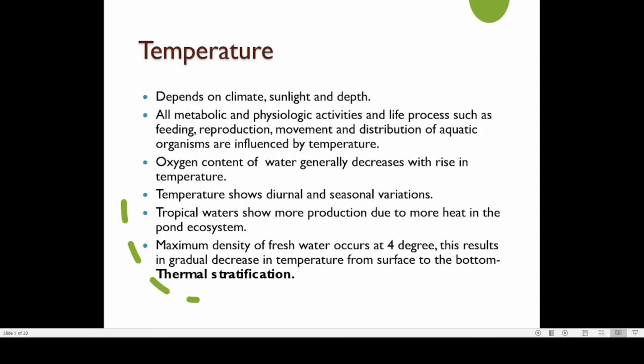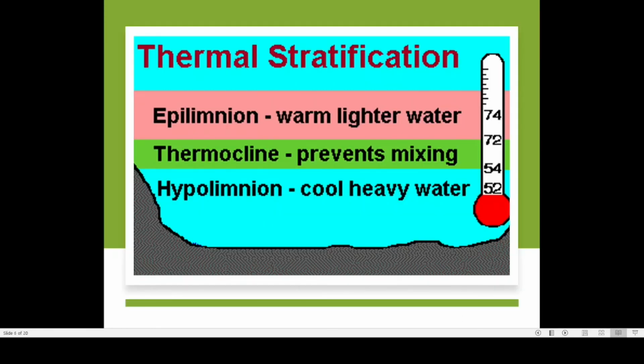This kind of phenomenon leads to a situation known as thermal stratification. There are normally 3 layers of water. One is the upper water, known as the epilimnion. Then there is a cool water layer called the hypolimnion. And in many types of aquatic environment or ponds, there is a middle layer called the thermocline. The importance of the thermocline is that it is a layer of certain depth which will not allow the mixing of upper water and lower water.